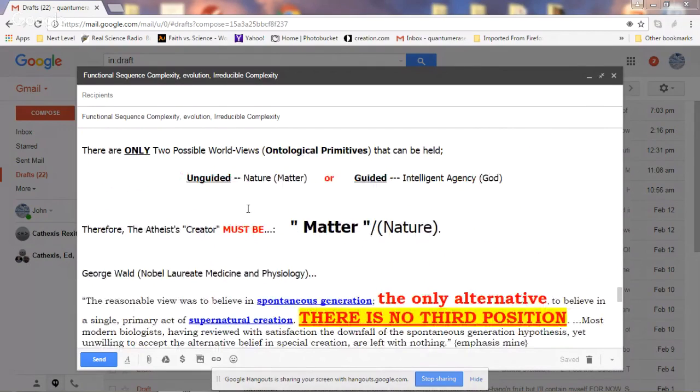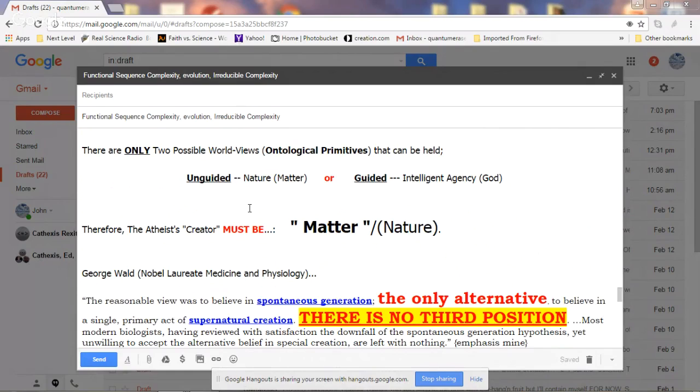So before we start into tonight's presentation, I'm going to go ahead and talk about functional sequence and specified complexity. But before we go there, I'd like to go back to a subject that we talked about in another episode, because this is pretty important. I'd like to carry this through our presentation tonight, and through any argument or any position or any dealings you have with people.